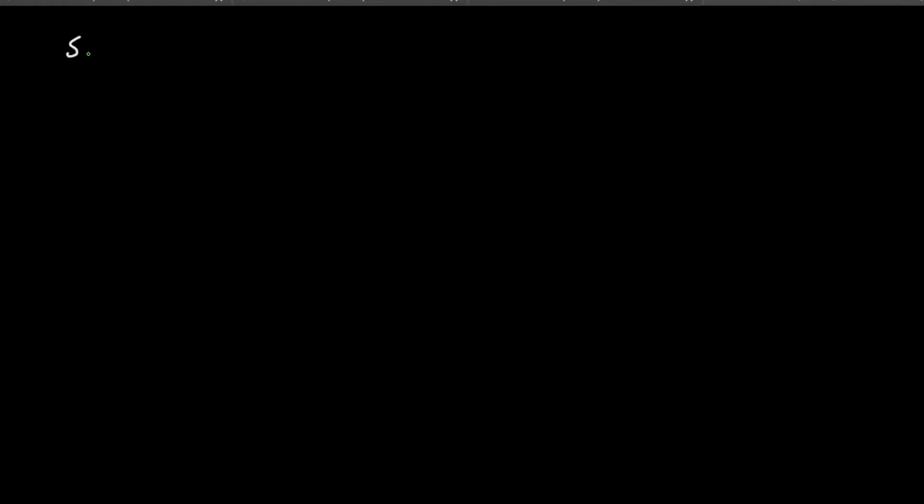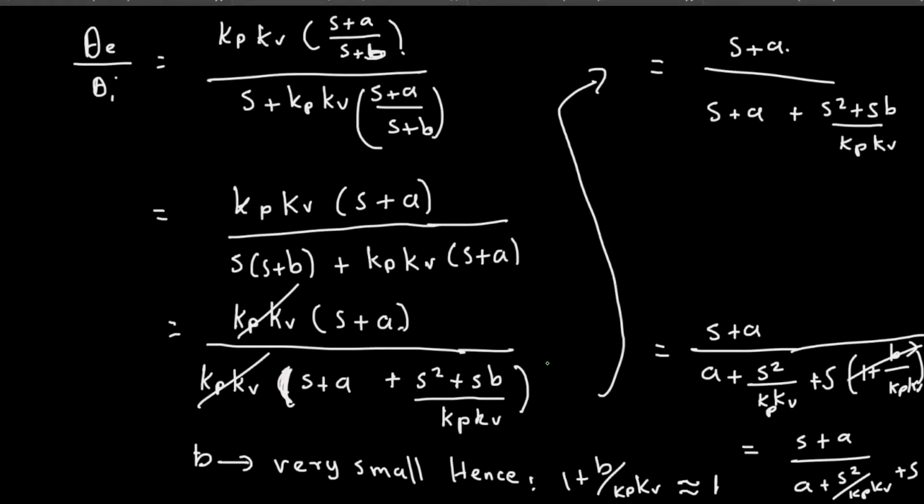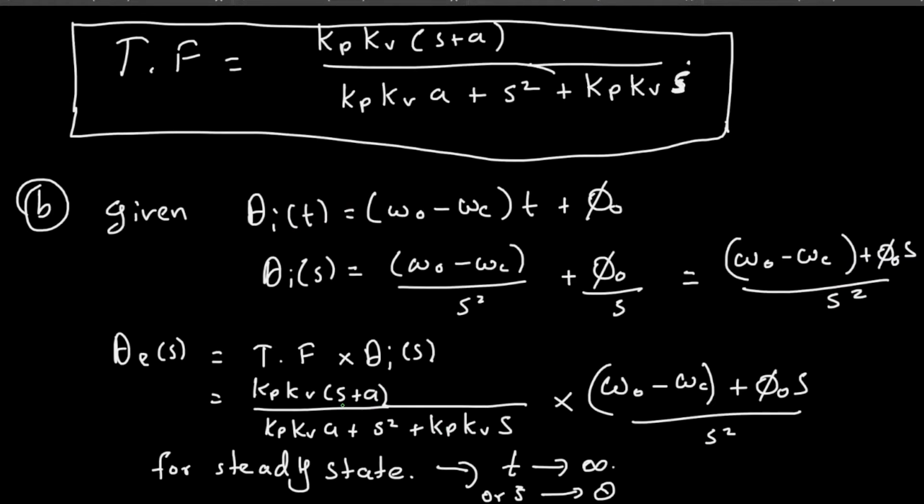So theta E steady state, limit s approaches 0. And if the limit s approaches 0, let's see what happens here.